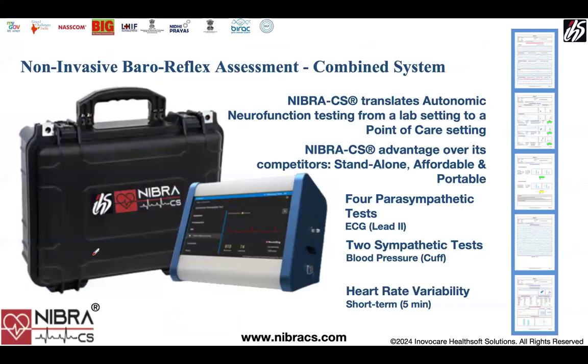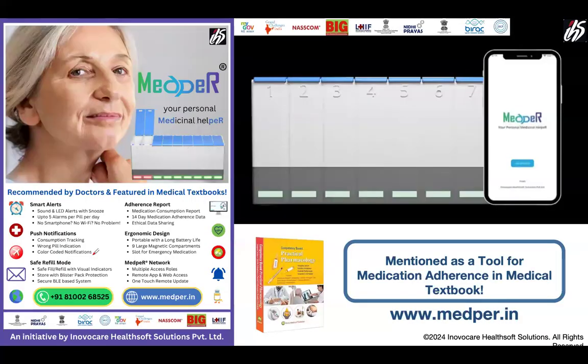These are a few important devices that we are personally attached with. This is a cardiac autonomic neuropathy detection device. We are collecting data, putting them in the cloud, and prospectively doing the follow up of our patients. This is another device we are making, that is MedPer.